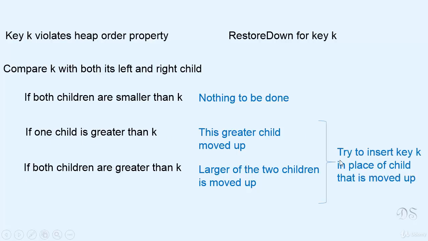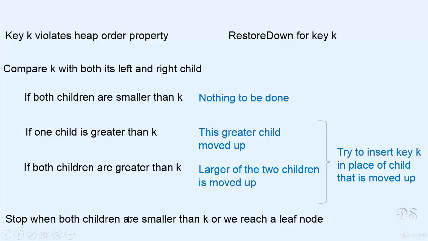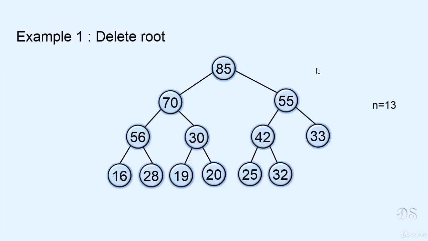Now in these two cases, we try to insert the key k in place of the child that is moved up. And we try to do this insertion by following the same procedure of comparing with both children and moving the child up. This procedure stops when both children are smaller than k or when we reach a leaf node. Now let's understand this with the help of examples.